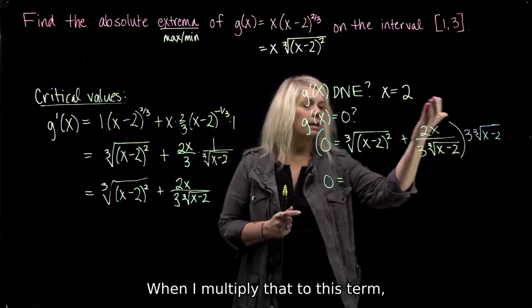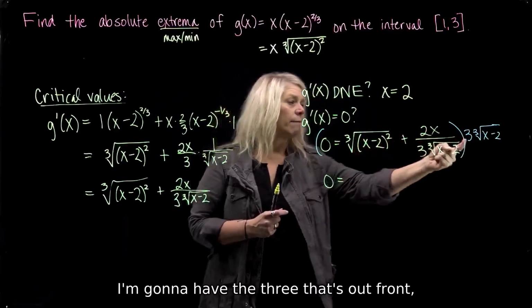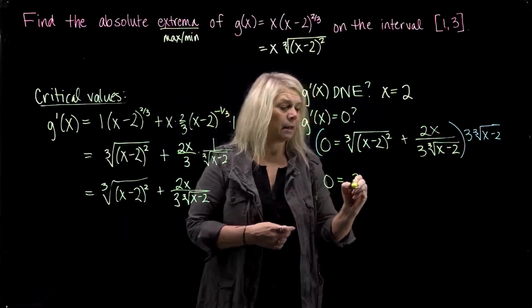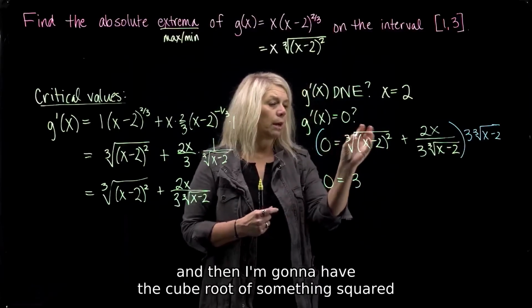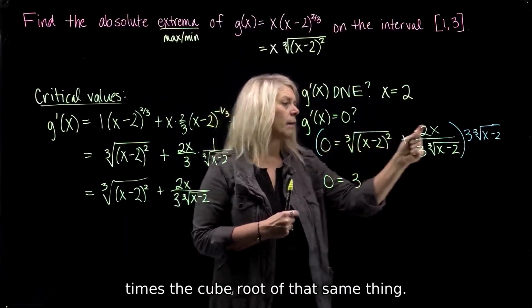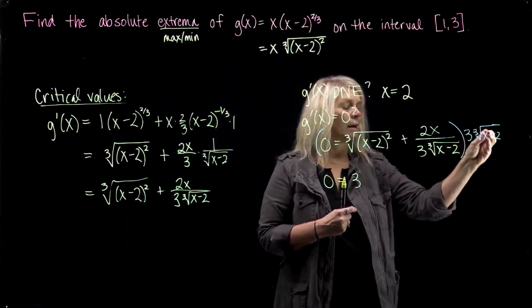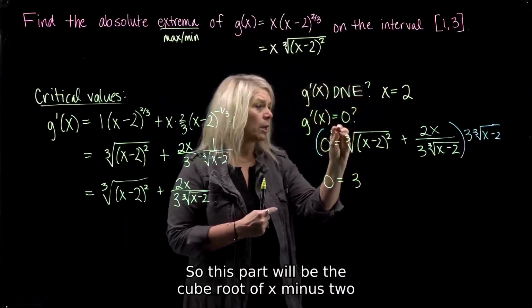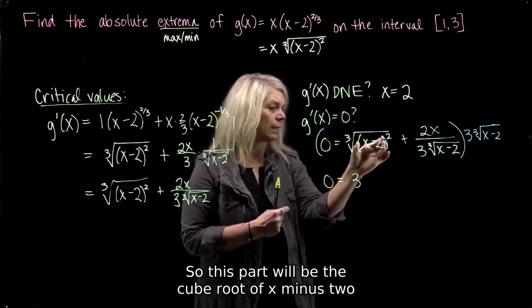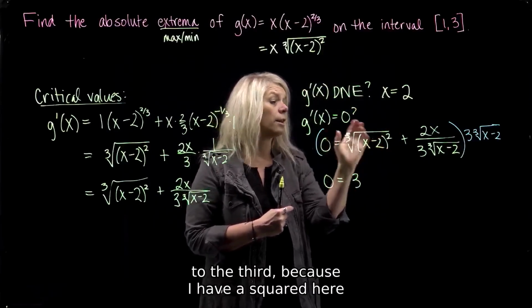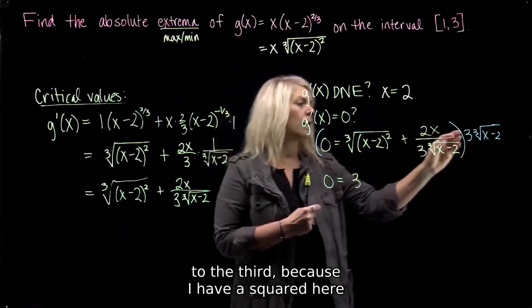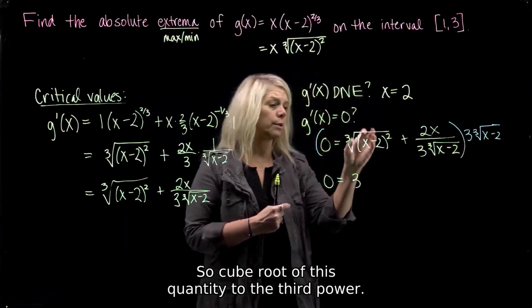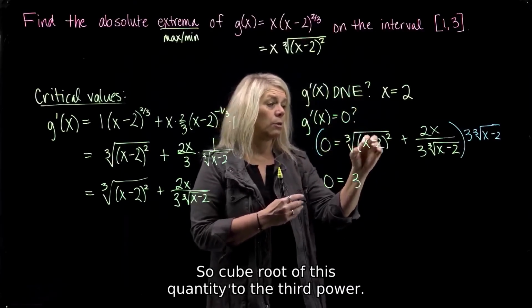When I multiply that to this term, I'm going to have the 3 that's out front. And then I'm going to have the cube root of something squared times the cube root of that same thing. So this part will be the cube root of x minus 2 to the third, because I have a squared here and then to the first power. So cube root of this quantity to the third power.